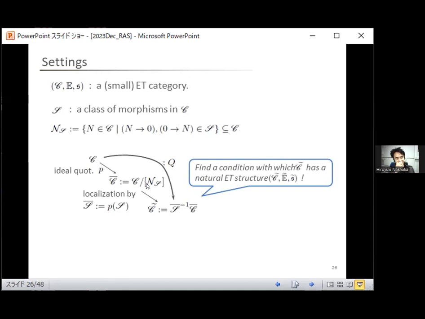I hope it becomes some homotopy category here.